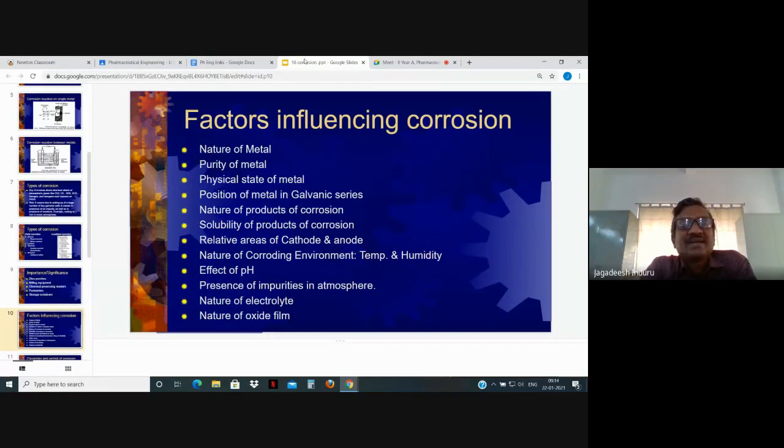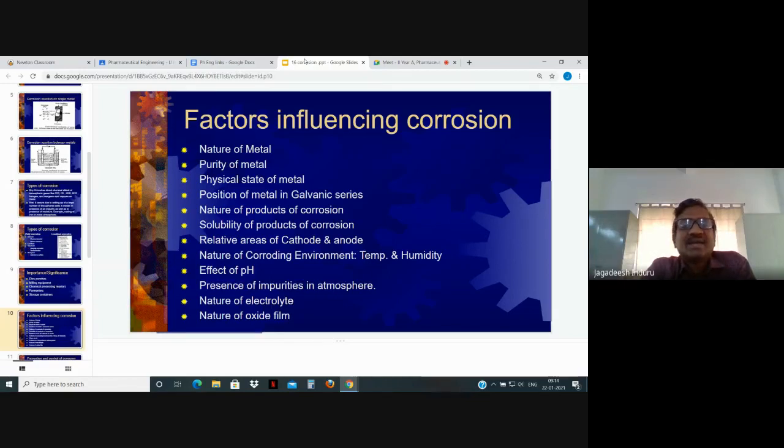So in this particular case, we are going to select the correct material with the greatest purity, without any contamination or impurity in the structure of the particular material we are selecting. The third parameter is the physical state of the metal. Of course, with variations in temperature, the physical state of the metal is going to vary.